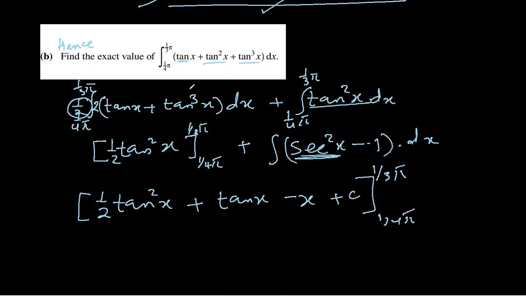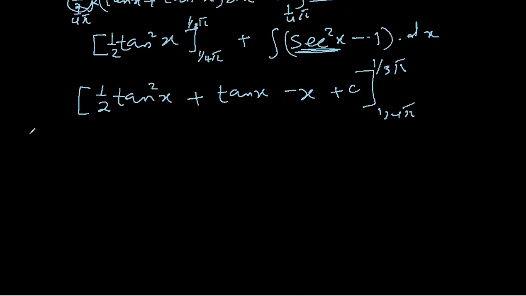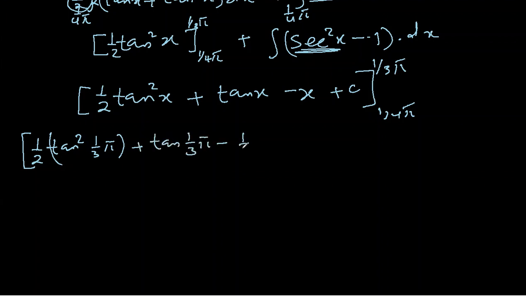In 3 steps we did it with the help of part A, and now we'll evaluate this because they're saying find the exact value. So for the exact value, we'll substitute 1 over 3 pi first. So half tan square 1 over 3 pi plus tan 1 over 3 pi minus 1 over 3 pi plus c.